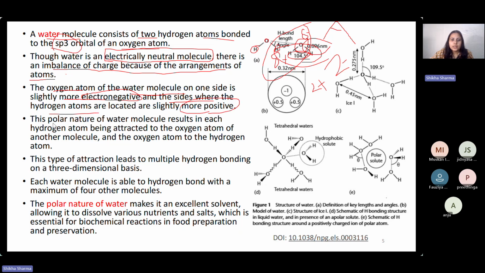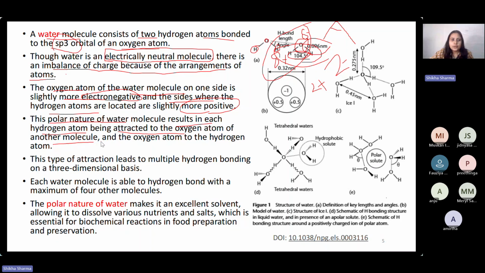This induces the polar nature of the water molecule, which results in each hydrogen atom being attracted to the oxygen atom of another molecule, and the oxygen atom to the hydrogen atoms. This type of attraction leads to multiple hydrogen bonding on a three-dimensional basis.